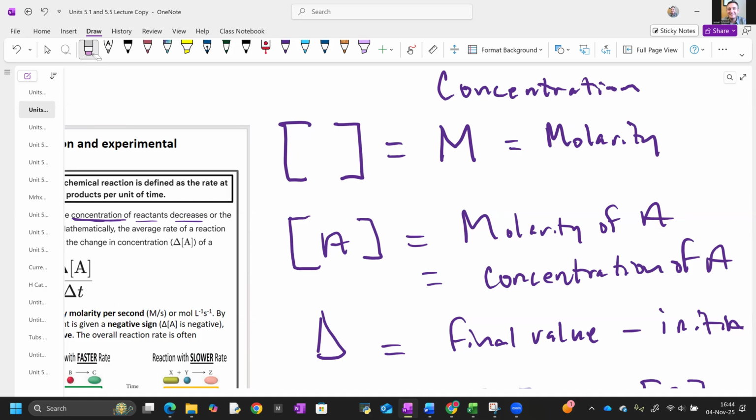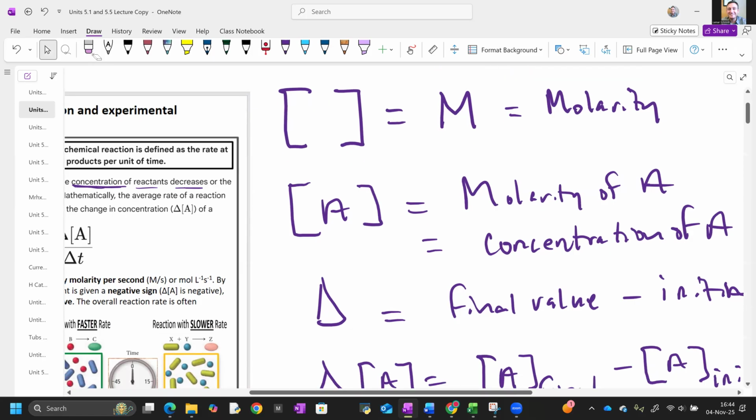In AP chemistry, we land on molarity. So we're going to be looking at the concentration in terms of molarity, and that's what we use for a bracket. For instance, if I put a bracket around A, I'm saying I want the molarity of substance A or the concentration of substance A.